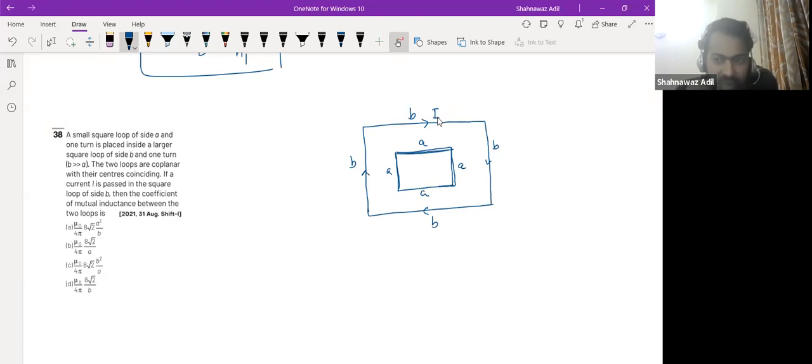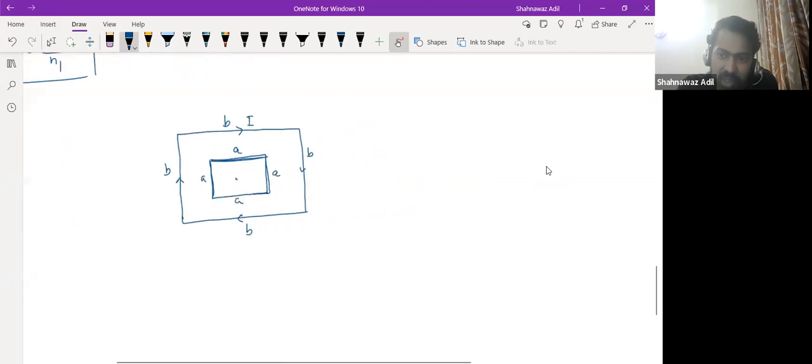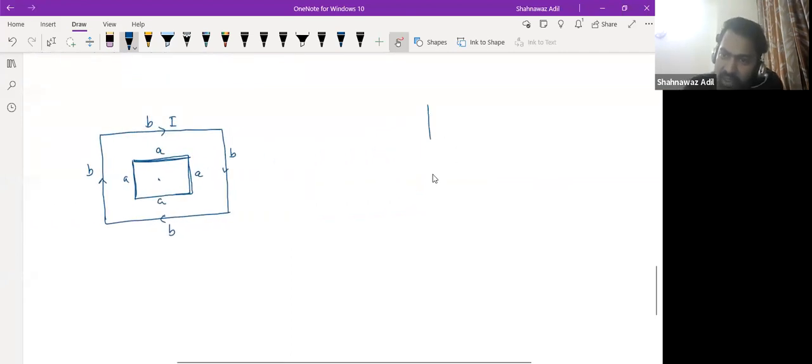For that, we have to remember the flux in this coil. How much would it be? And how many contributions of flux would there be? To do this question, we first have to remember the magnetic field.